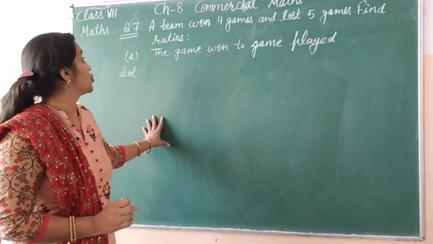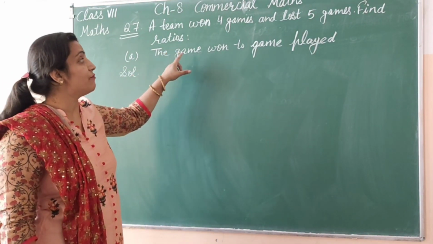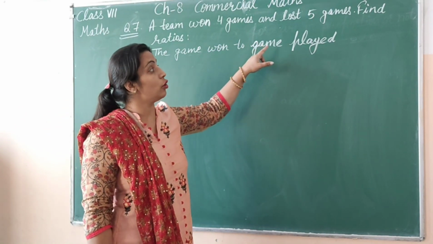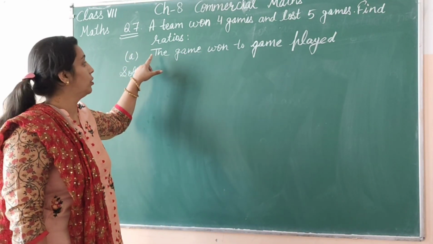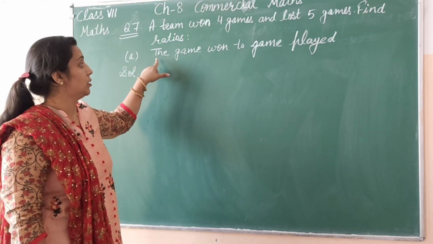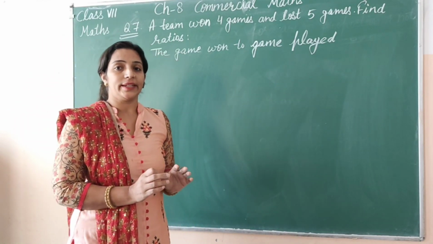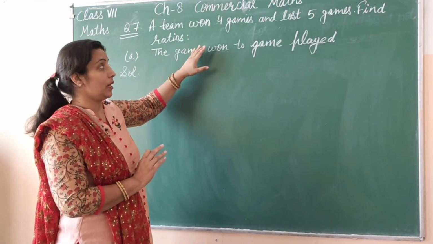Now we will do question 7. The statement is: a team won 4 games and lost 5 games. Find the ratio of games won to games played. Here it is given a team played some games.